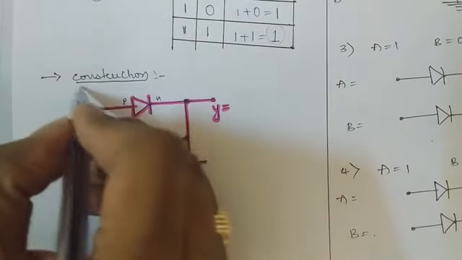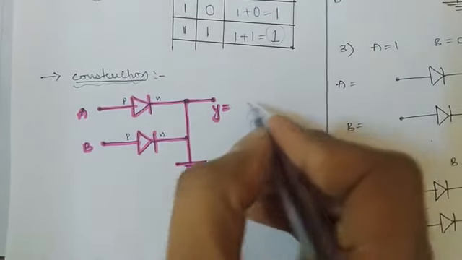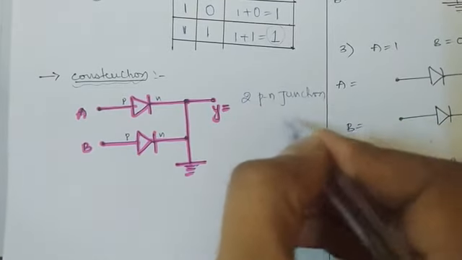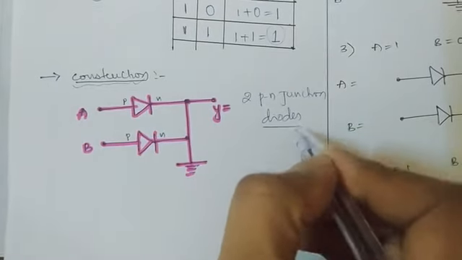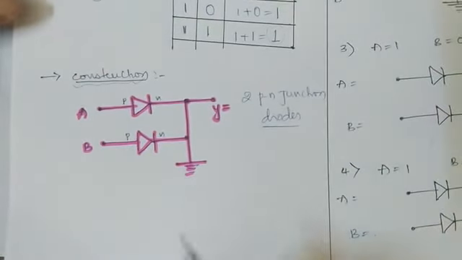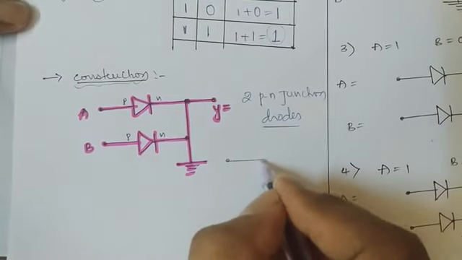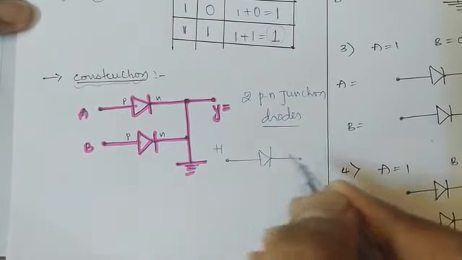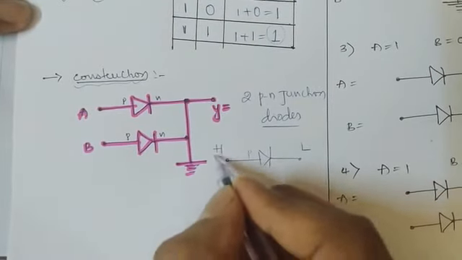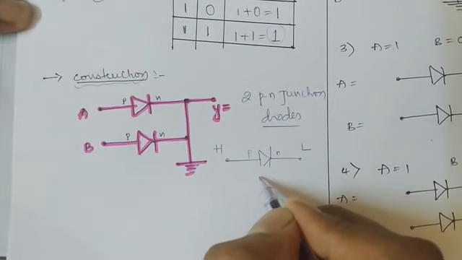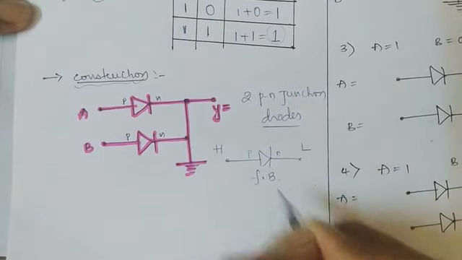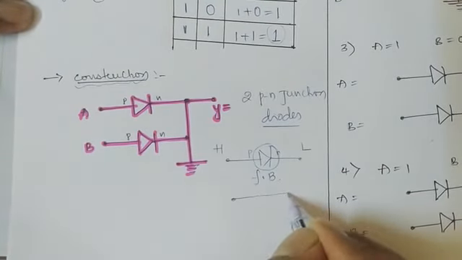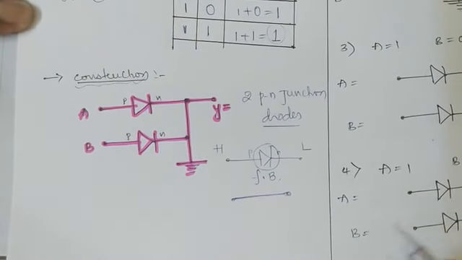Now, the construction of the OR gate. The OR gate is made up of two PN junction diodes. The principle we use here is forward bias. If we apply high voltage to P and low voltage to N, the diode becomes forward biased. For an ideal PN junction diode, forward bias acts as a short.